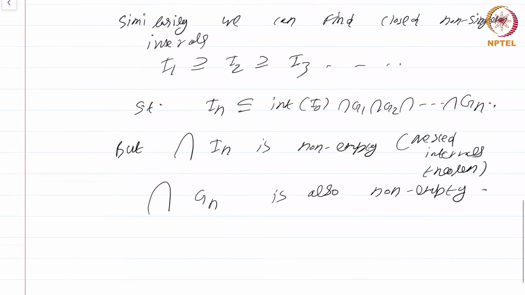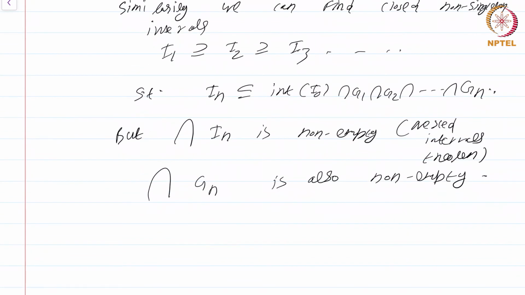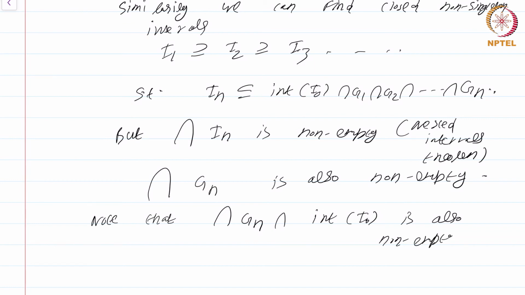Now, how does this help us? Well, note that the intersection of Gn intersect interior of I0 is also non-empty, simply because each one of the intervals is contained in I0.